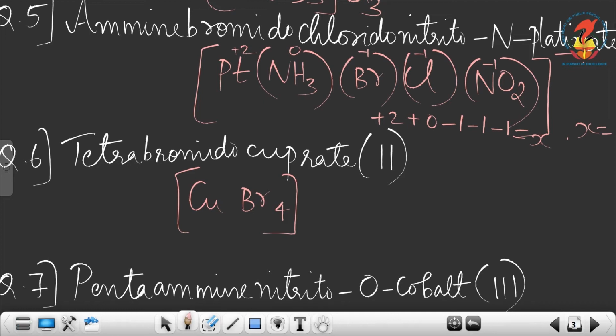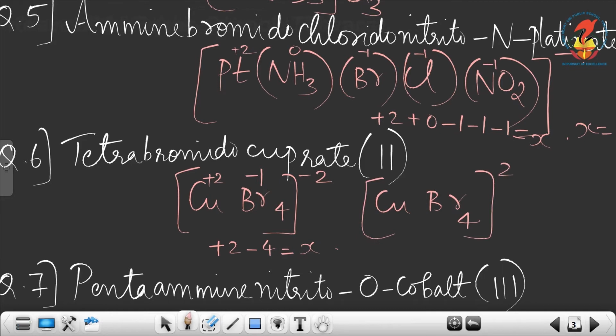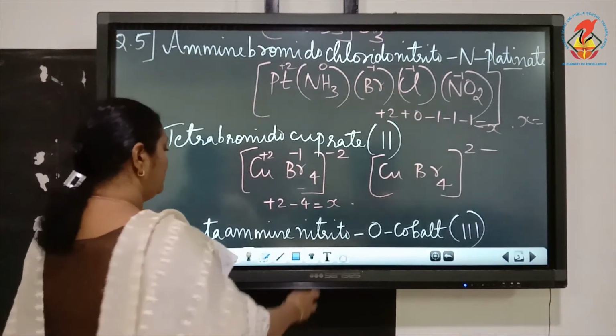Then find the charge on the complex ion. Copper is +2, bromine is -1. So +2 -4 is equal to X. X will be equal to -2. So the formula of the compound will be [CuBr4]2-. Now question number 7.